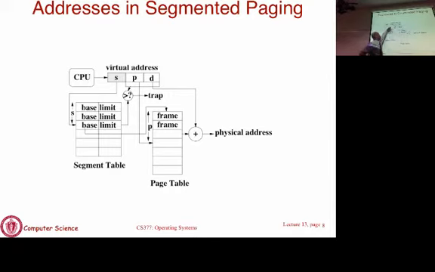So what we will do is we'll first access the segment number, and the base register will give you a pointer to the page table. Now you then say for that page table, do you have an entry corresponding to the pth page in the TLB? If so, you are done. You just look up that entry and that gives you the frame number.